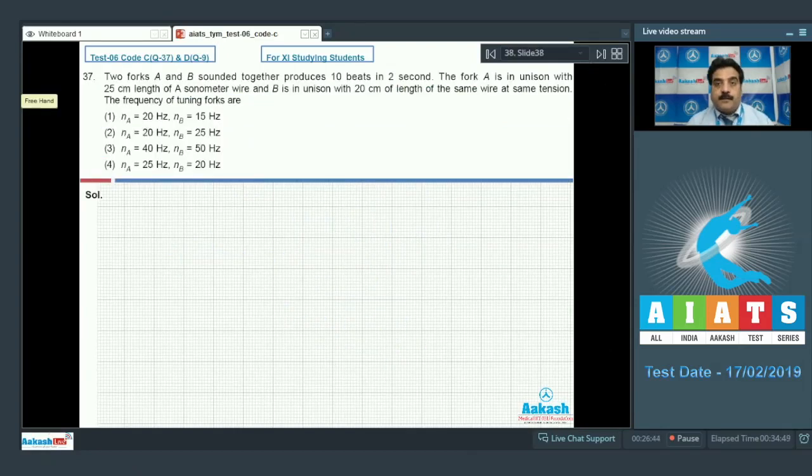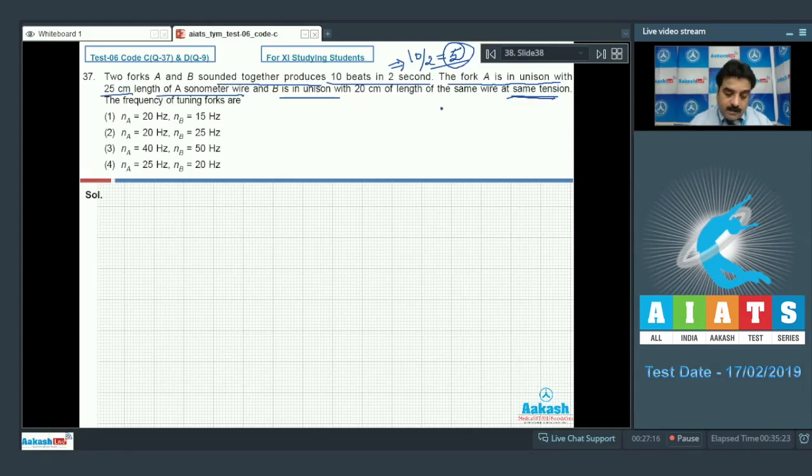In problem number 37, two forks A and B sounded together produce 10 beats in 2 seconds, means beat frequency will be 10 by 2, that is 5, because frequency of beat is given by beats per second. The fork A is in unison with 25 centimeter length of sonometer wire, and B is in unison with 20 centimeter length of the same wire.